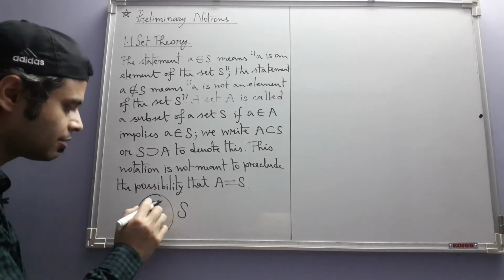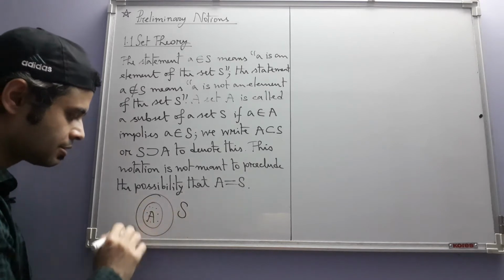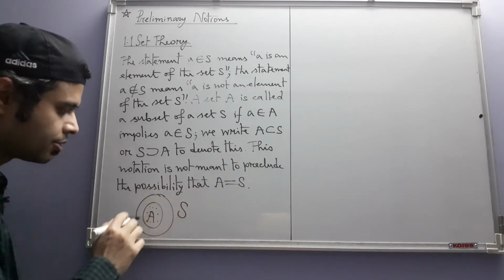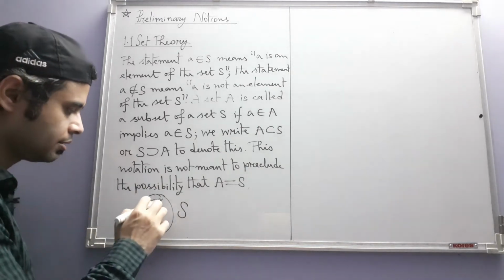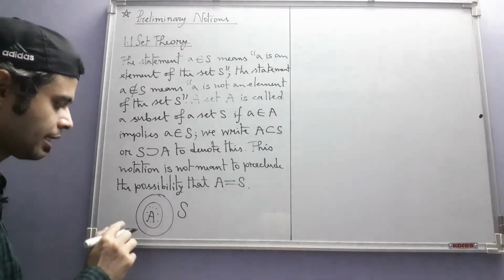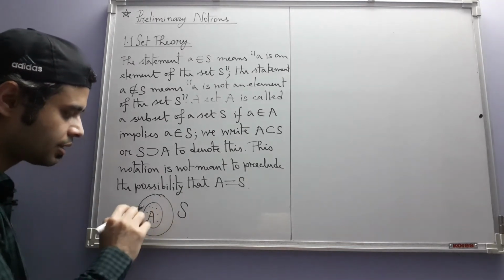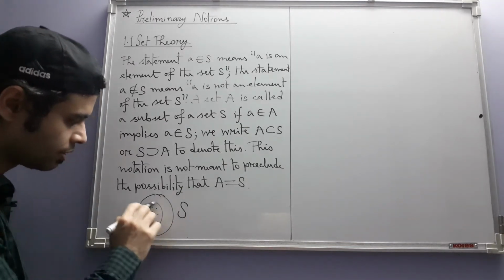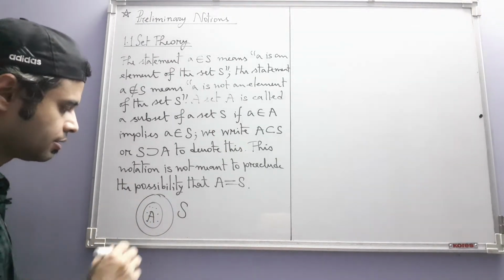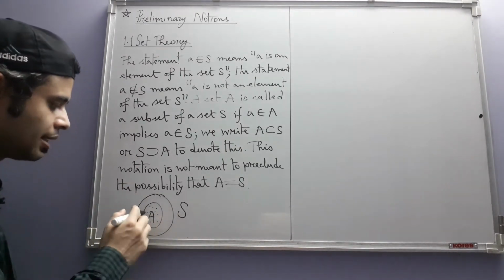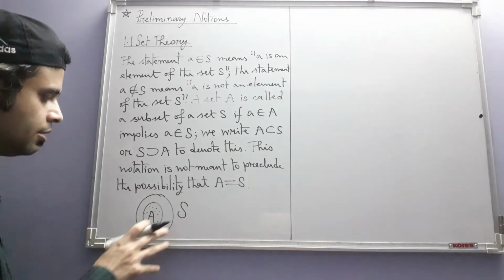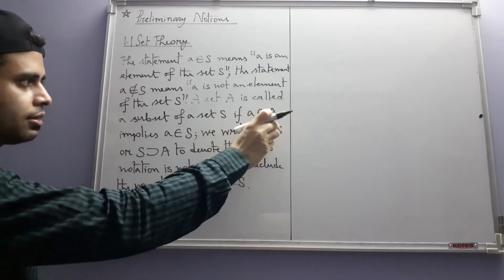You just think of it like this. The inside of the circular region that I have drawn represents the set S. The inside of the inner region, although it doesn't look circular, elliptical, represents the set A. So the situation here is that every element in A is automatically an element in S. So this is the situation that we are talking about here.